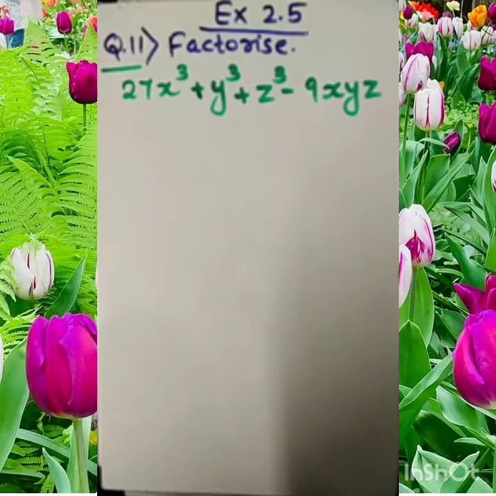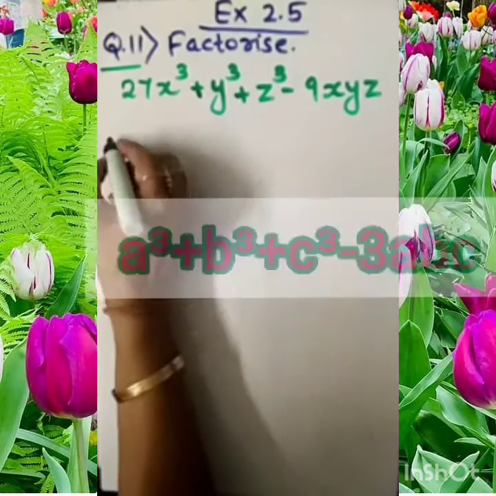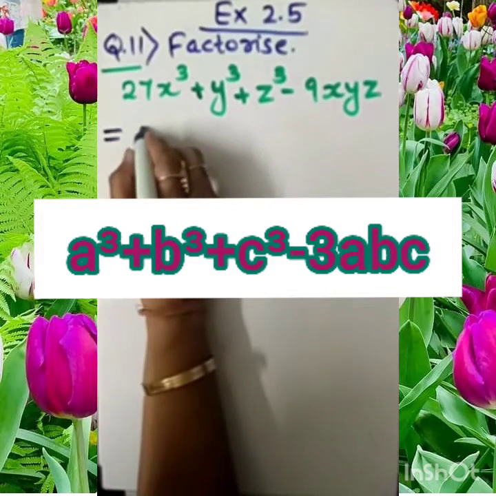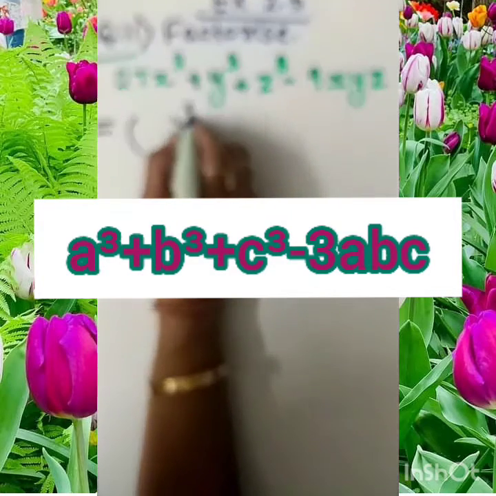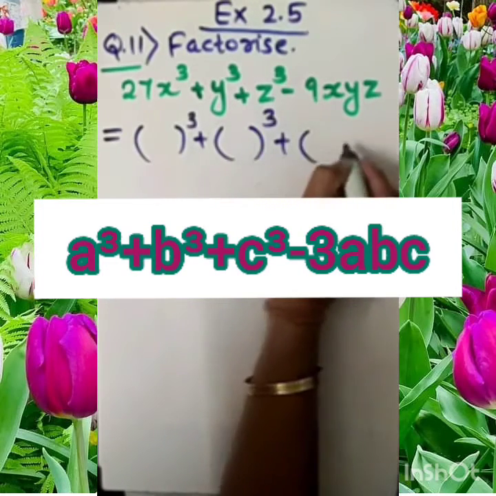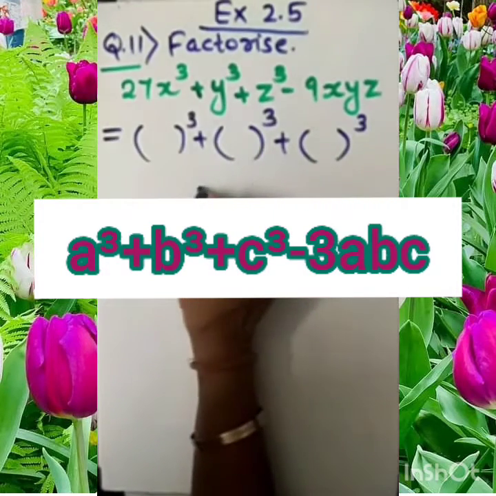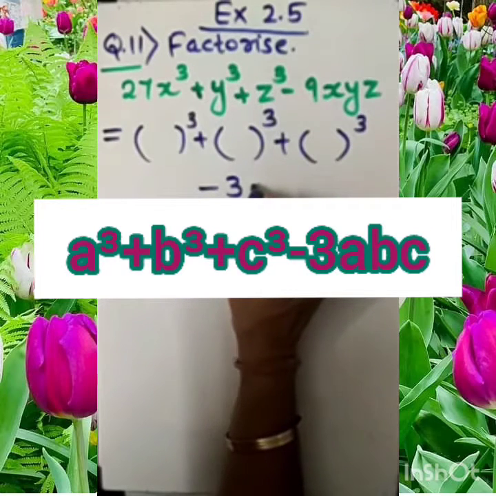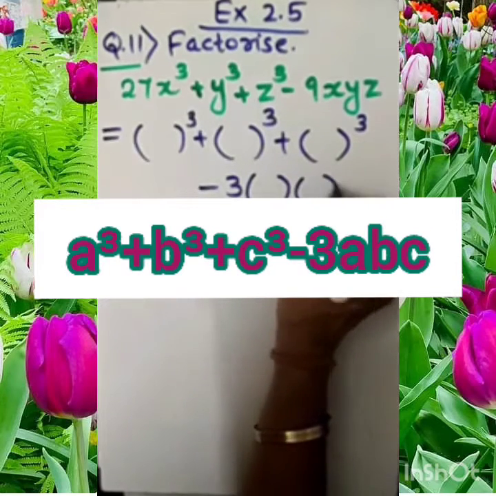This is quite different from the other questions. That's why here I am showing you how to go with that. Simple. Here the equation for that, we have to write a cube plus b cube plus c cube minus 3abc.